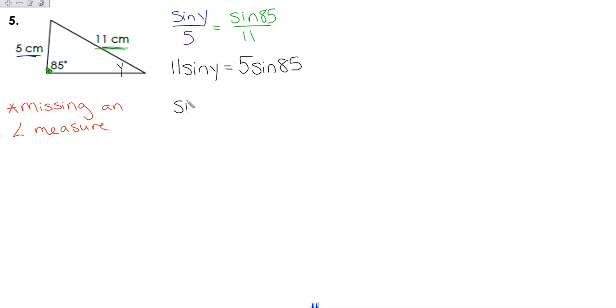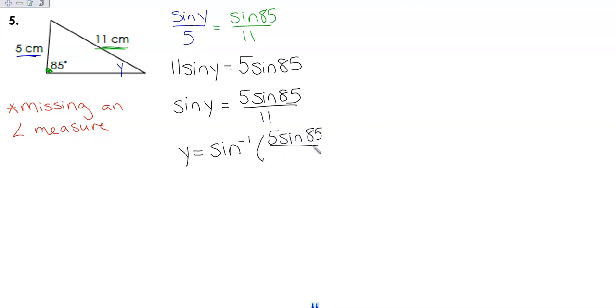All right, we're going to divide both sides by 11. So it'll be 5 times the sine of 85 divided by 11. And then we're going to take the inverse to get y by itself. So it will be the inverse sine of 5 times the sine of 85 divided by 11. To the nearest tenth, when I put this in the calculator, I'm going to get 26.9.